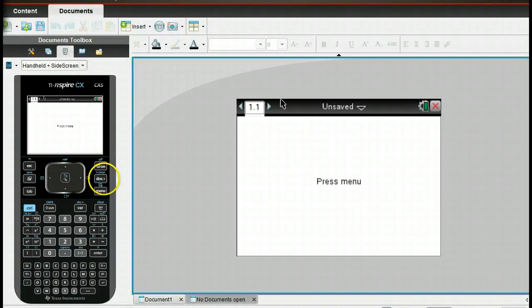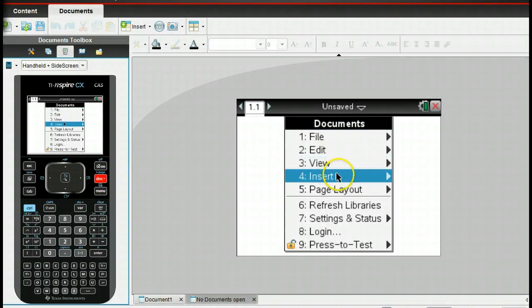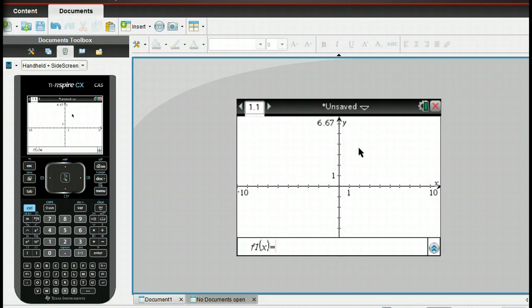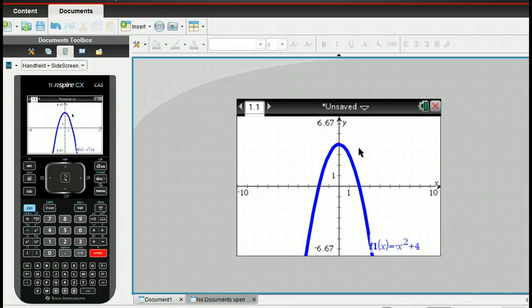Okay, so first of all, I'm going to want to put a graph into this. So I'm going to insert a document graph. And I'm going to actually graph the first one that we had, which was -x squared plus 4. So there's our first equation.